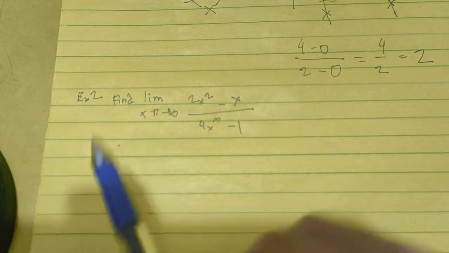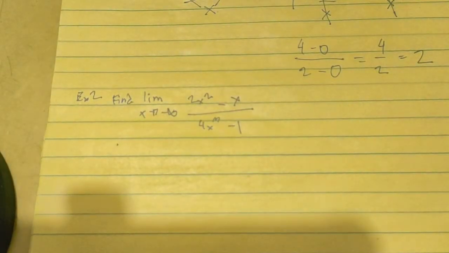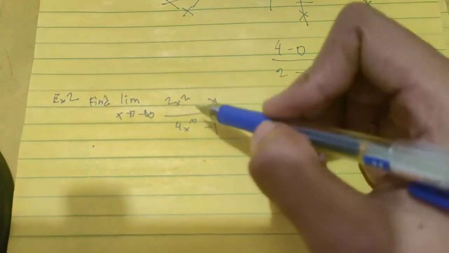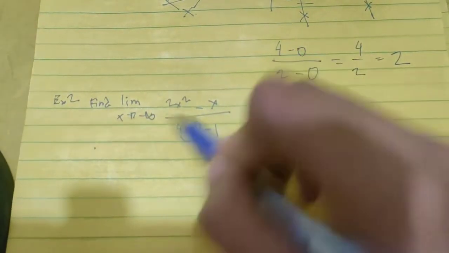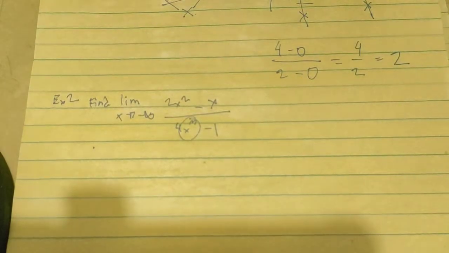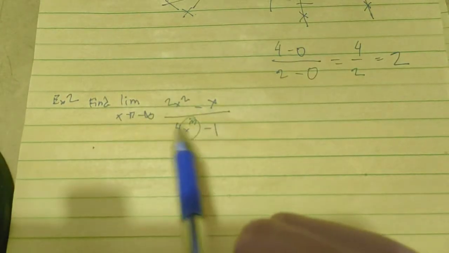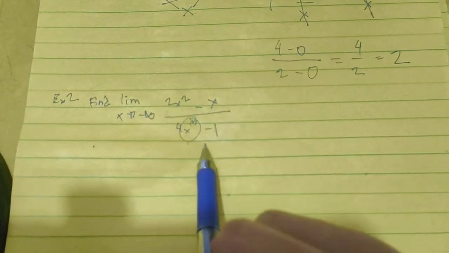Now, as you know, the first rule is we need to find the highest degree exponent. Now, our highest degree exponent is x cubed. Now, we will use x cubed to distribute to any number in the numerator or the denominator.